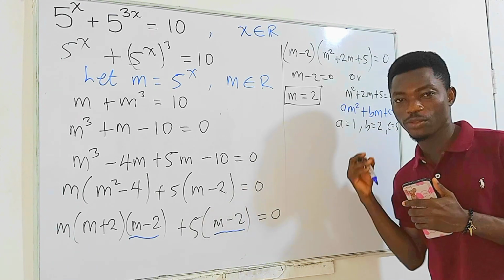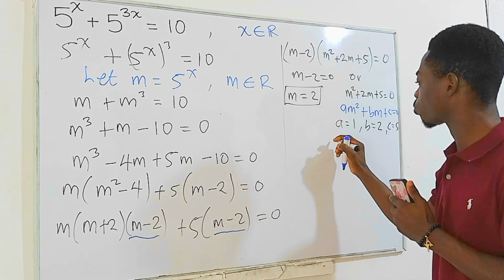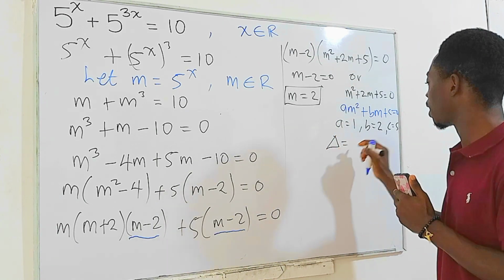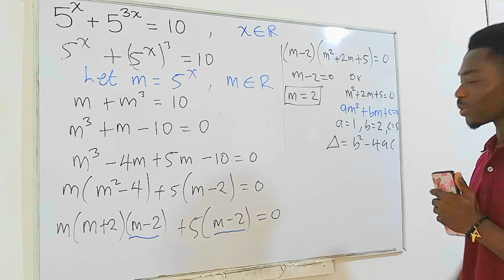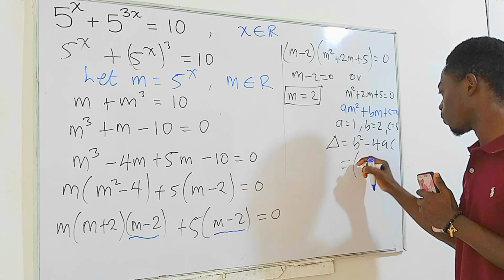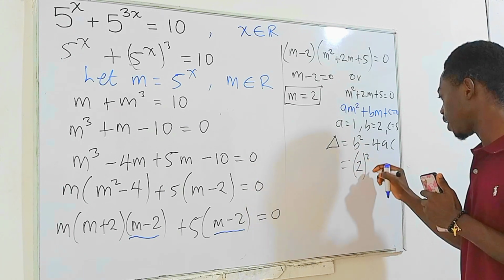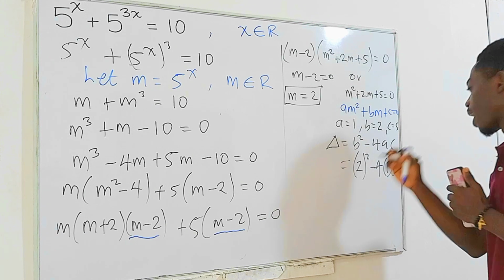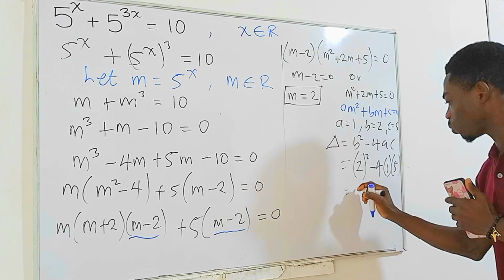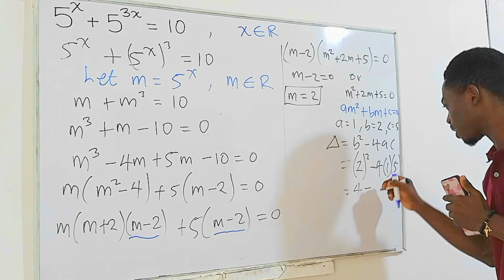Now, to check the nature of this quadratic equation, we have to use the discriminant formula. That is delta is equal to b squared minus 4ac. And this time, we are going to have 2 squared, then minus 4 times 1 times 5. And we are going to have 2 squared is 4 minus 4 times 5 is 20.